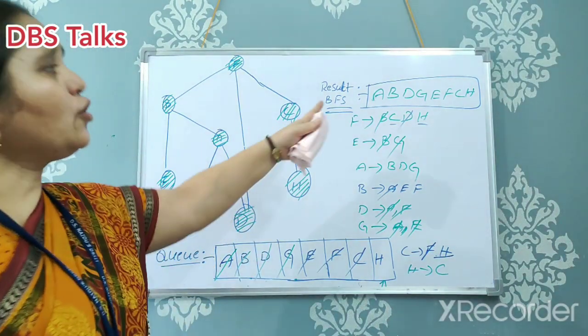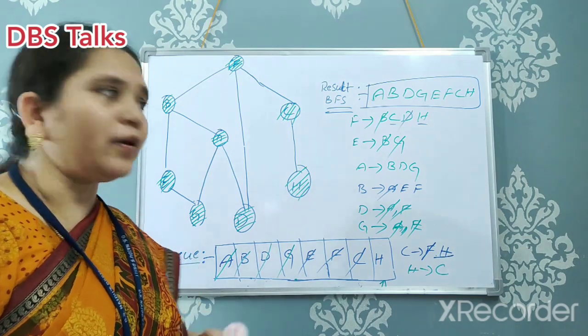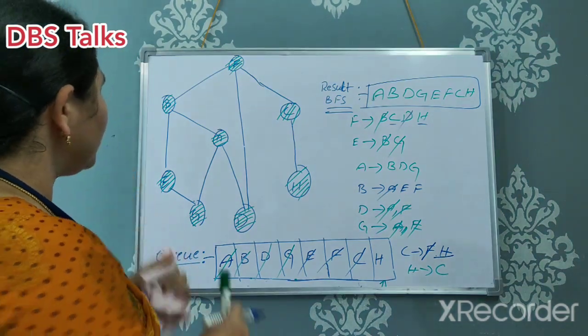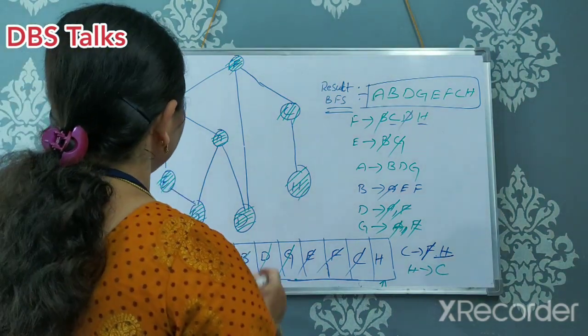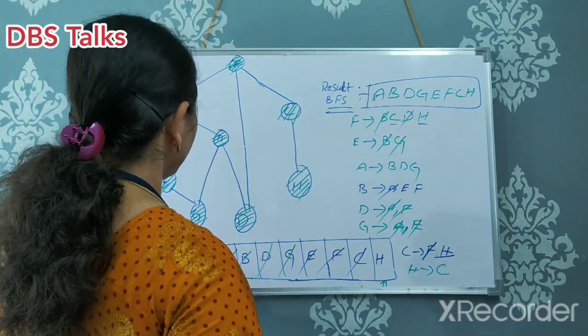This is not the only way you need to perform BFS. I will start with A, my starting vertex.